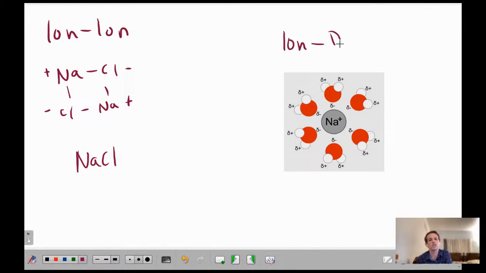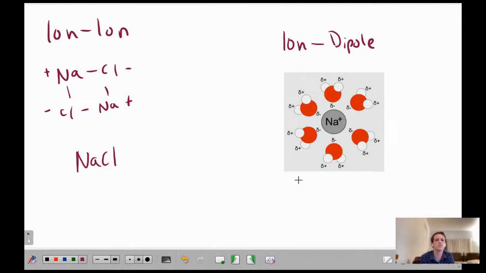The other one I want to mention, and again, this is going to apply more to solubility and things like that, which we'll talk about tonight as well, is ion-dipole interactions. That's when you have polar molecules and ions in solution. So this essentially explains why something like sodium chloride is going to dissolve in water. There is an attraction between the partially negative charge on oxygen.